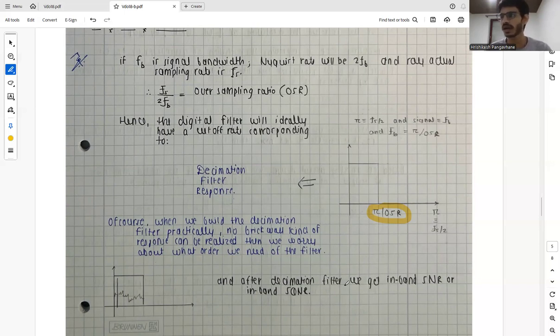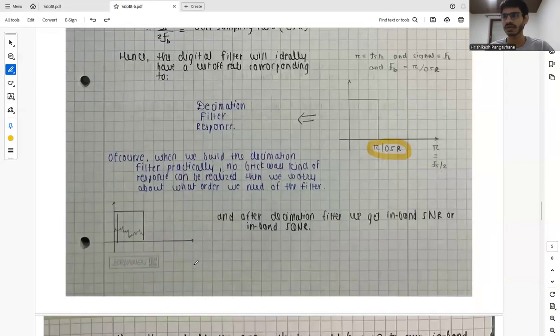So after the decimation filter, we get an in-band signal to noise ratio. The noise which is considered now, or the noise density, is that which is inside the bandwidth, and we have signal inside it, hovering around DC, or let's say at lower frequencies. So we have an in-band SQNR, which is the signal to quantization noise ratio.